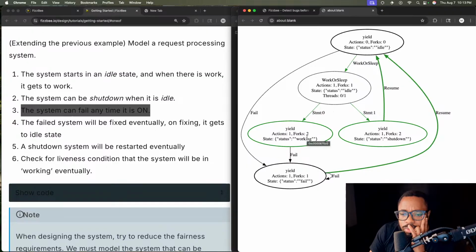Go to working, you fail. So either you fail or you shut down, but then eventually you come back to idle.